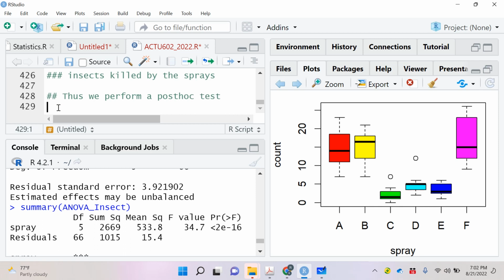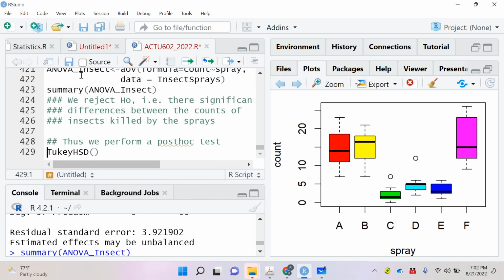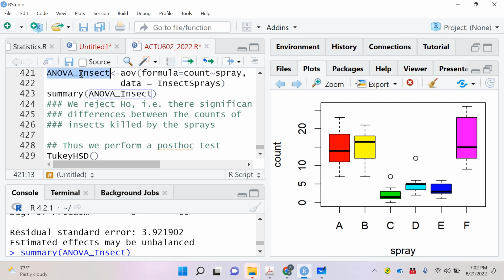Now the post-hoc test will help us to know which ones are smaller and which ones kill more. To do so, we use the Tukey HSD. You can check the help files for it. All the argument we just need to pass through is our model, the ANOVA model.